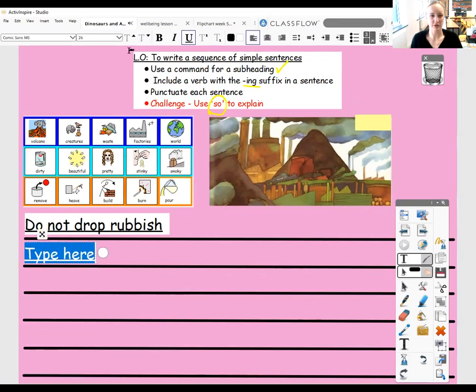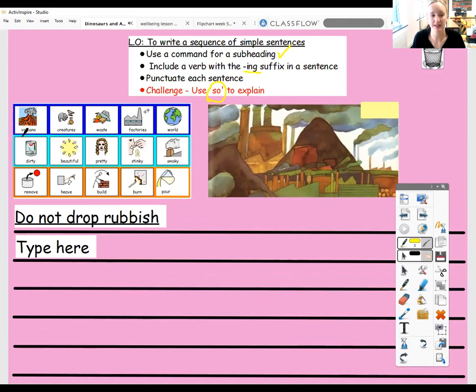Right, now I need to try and write some information in simple sentences about why that the man should not drop rubbish. I've got some keywords on the word map which you might want to use for your spellings. The rest of them I know you can use with your phonics. We've got the word volcano, creatures, waste, which is another word for rubbish, remember, factories, world, dirty, beautiful, pretty, stinky, smoky.